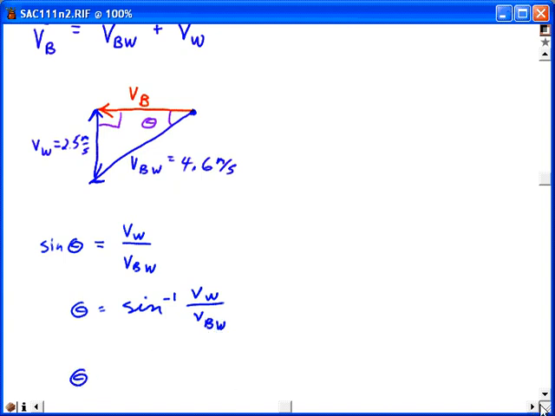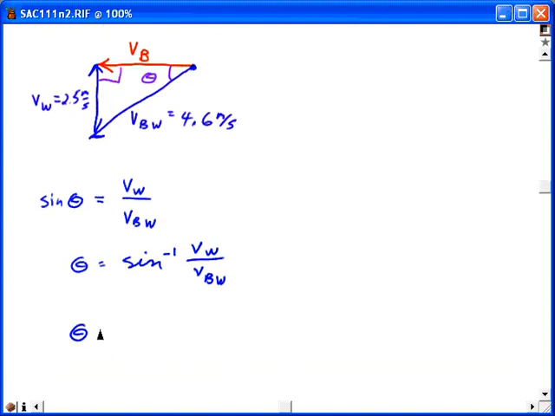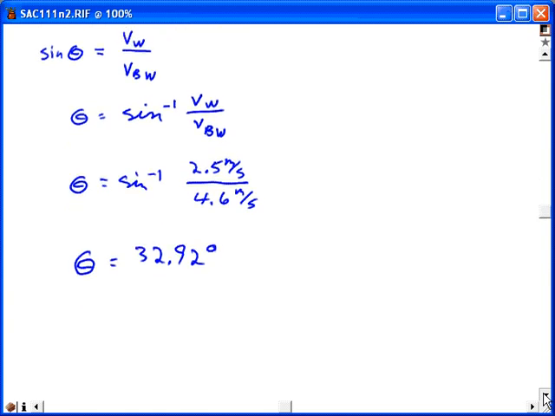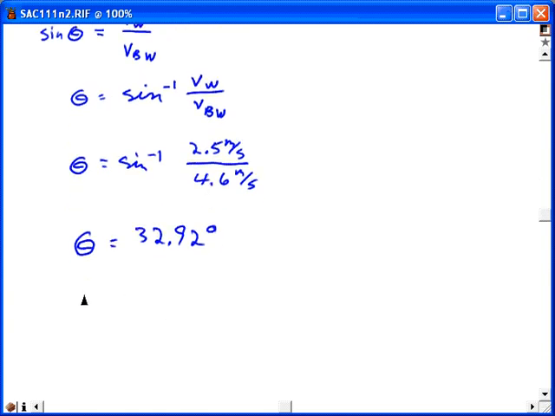So the angle theta that I'm looking for at this point is the arc sine of 2.5 meters per second divided by 4.6 meters per second, which evaluates to 32.92 degrees, and I want to round that to 2 sig figs because input data was given to 2 sig figs.